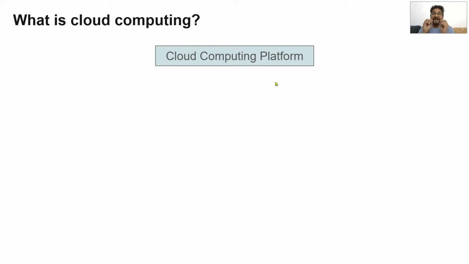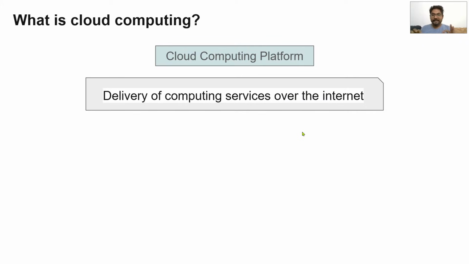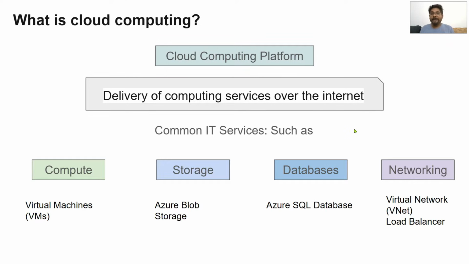So what is cloud computing? Cloud computing means delivery of computing services over the internet. Now what are computing services? For example, they include all the different common IT services.